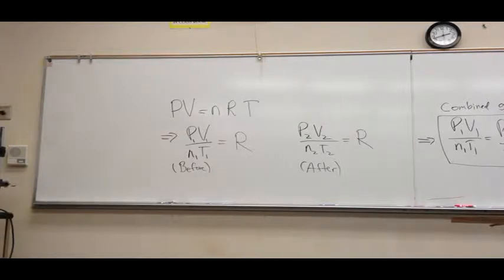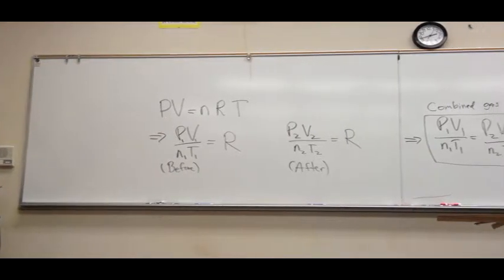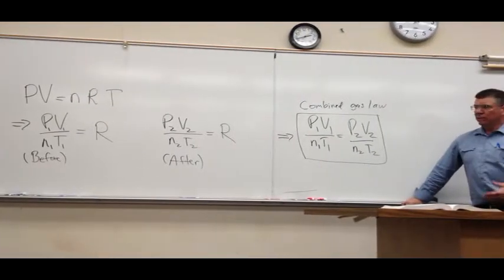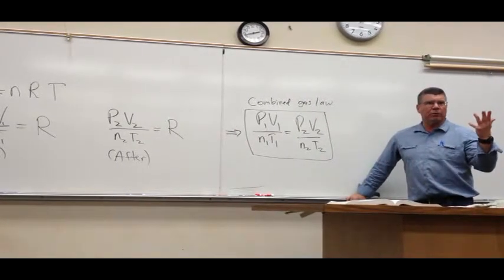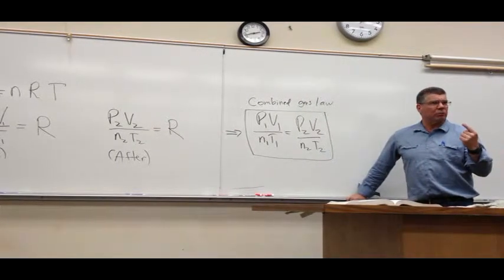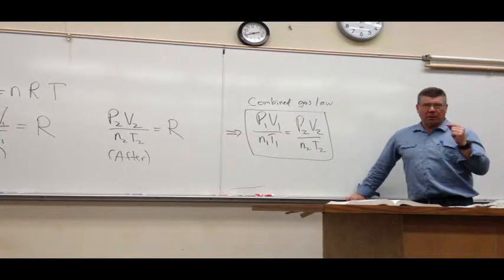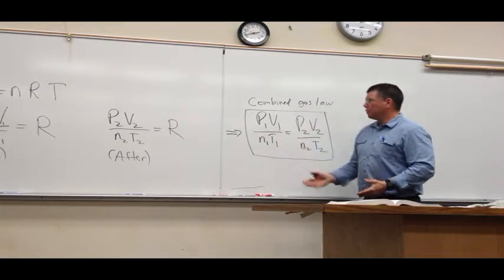And this combined gas law is what you use if you have exactly the situation that I described. You have a gas, has some set of pressure, volume, number of moles, and temperature, and one or more of those changes. Then this is what you're going to use.